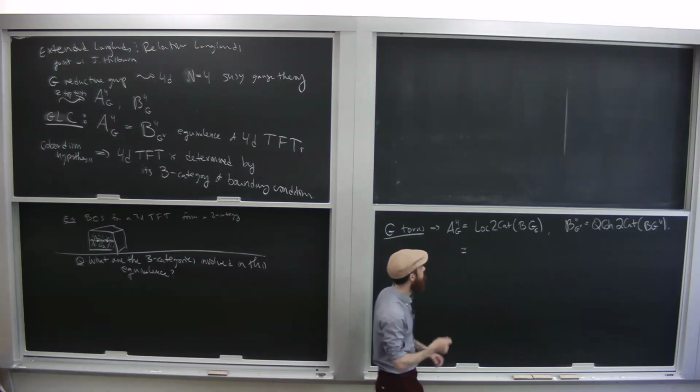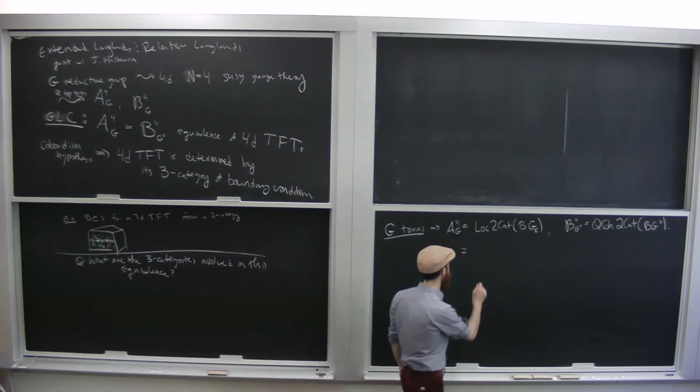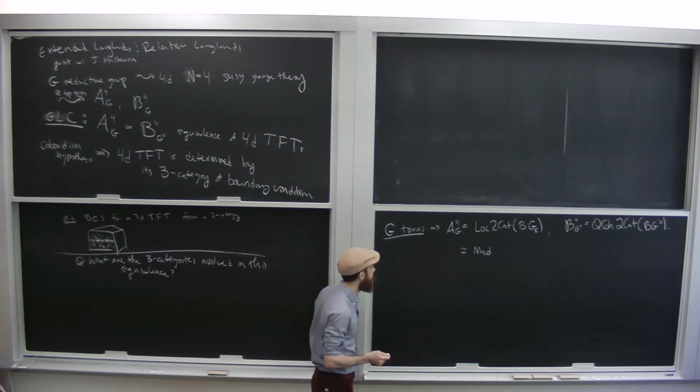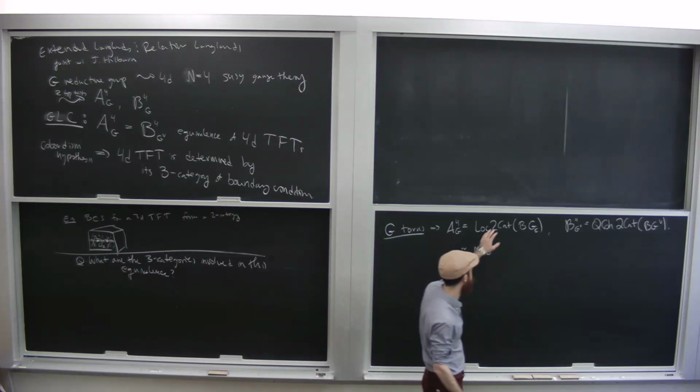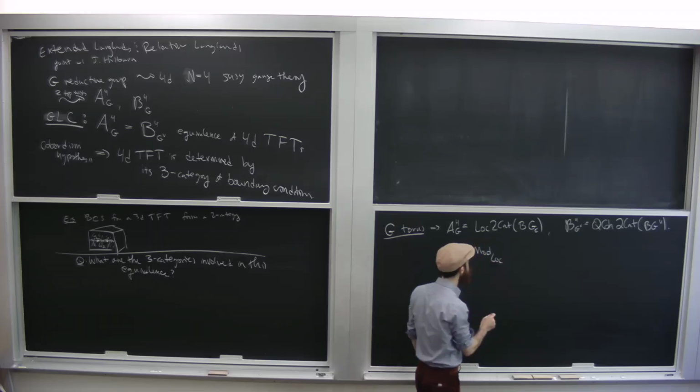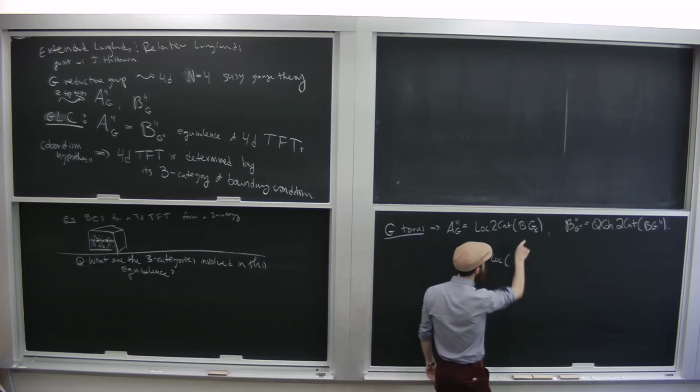Anyway, the point I want to make is that you can also think of this as the category of modules for something. You can think of this as a local system of two categories on here: a two category equipped with the structure of a module over local systems on the base loop space of this thing, which is just G itself.